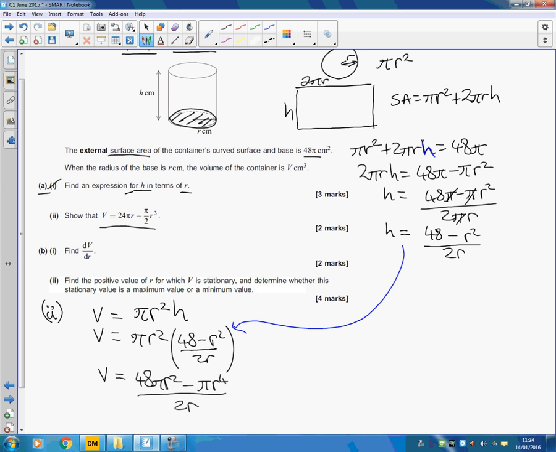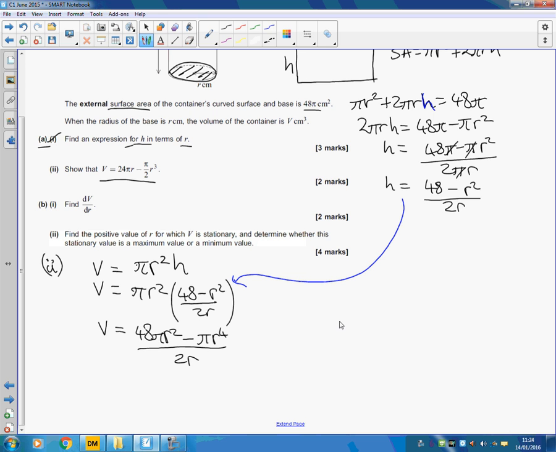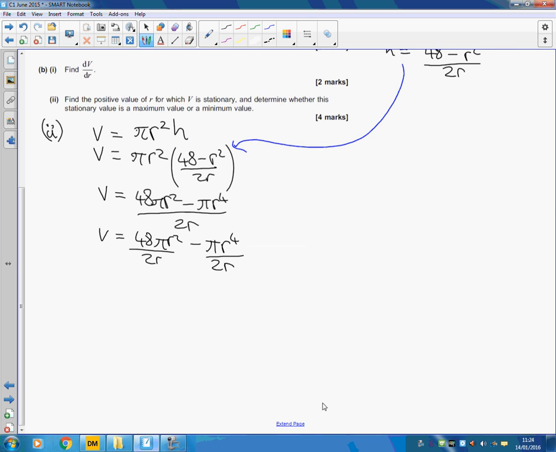Okay, we're nearly there. If you look at the answer, we now need to do some simplifying. So our volume is the same as 48 pi r squared divided by 2r minus pi r to the 4 divided by 2r. So that's just splitting the fraction up. And then we're going to cancel.